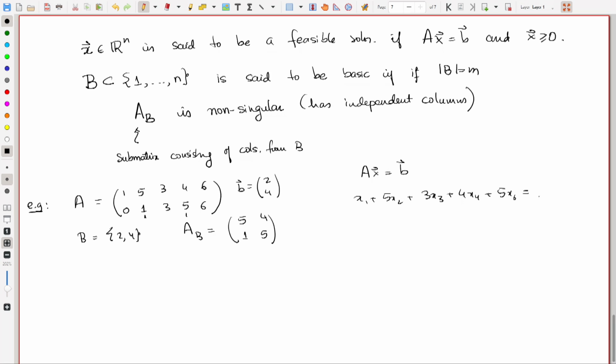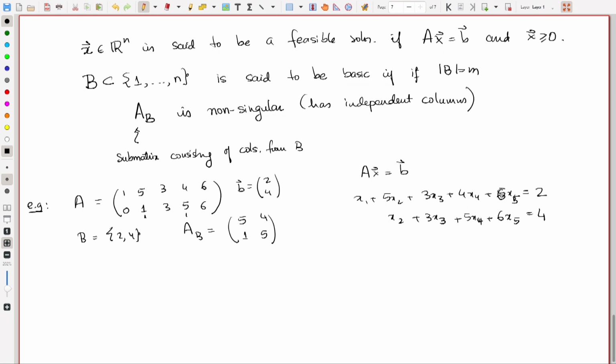Okay, so is equal to 2, and x2 plus 3 x3 plus 5 x4 plus 6 x5 is equal to 4.